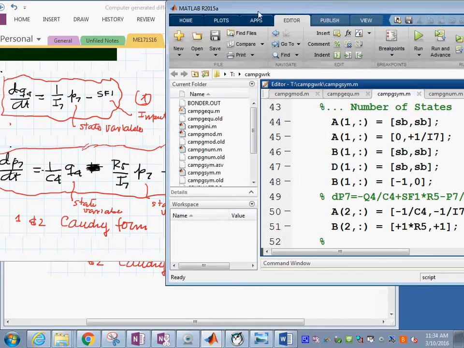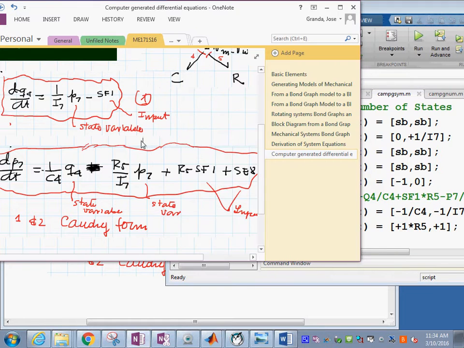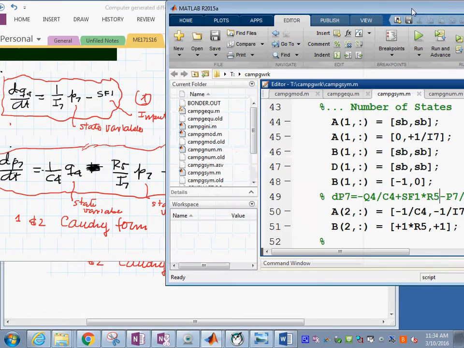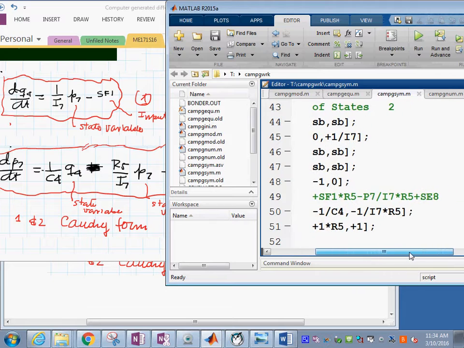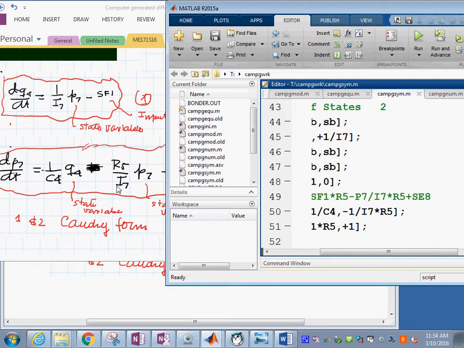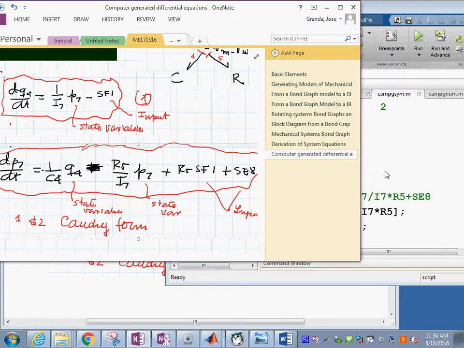Okay. Now you see, I am going to show you what CAMG does beyond this. So these are the Cauchy form of the equations. There are two single expressions, simple expressions in there. CAMG says, wait a minute, I am going to use these expressions to produce the so-called state space form that MATLAB is also designed for.